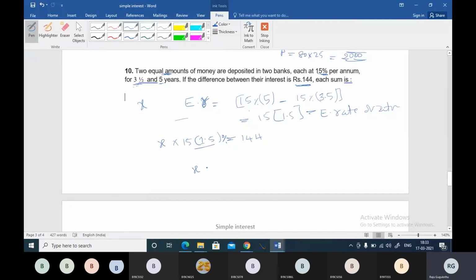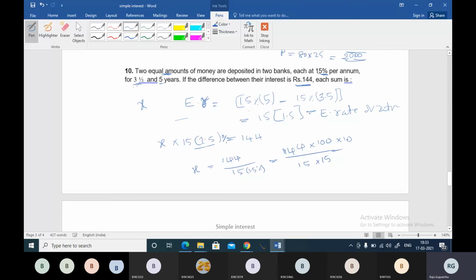Let's bring it to the answer. 144 divided by 15 into 1.5 percentage. If you bring this percentage to the numerator, into 100, divided by 15 into 15, it is actually 1.5, so I'm taking 10 here.